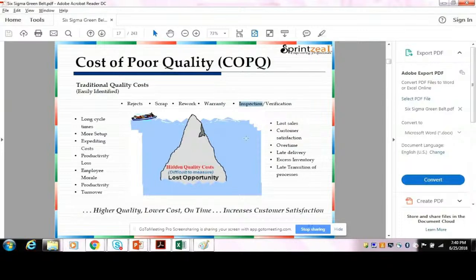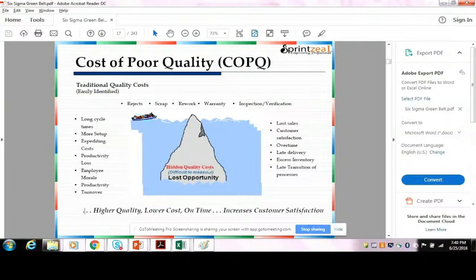If you look at the one here, if you actually assess this, you might be able to find a lot of factors which are generally in this quadrant of hidden quality cost. All the lost sales: what is the reason why you're losing sales? Customer satisfaction level. Overtime: sometimes just to deliver the product to the customer within the given timeline, we get the employees to do a lot of overtime.